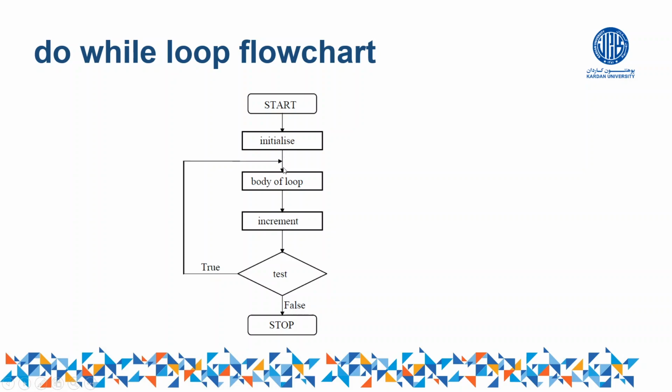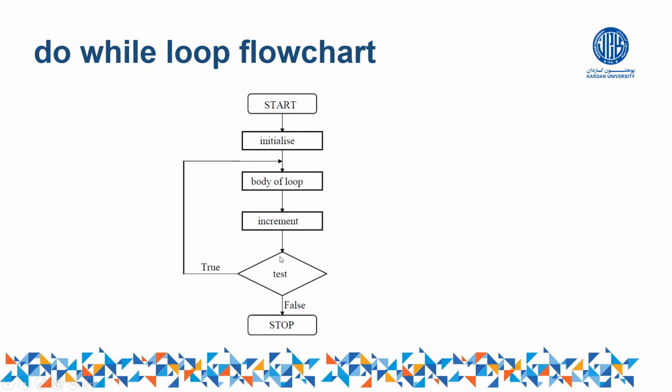But here, we have the body of the loop. So first the initialization is done. After initialization, the body of the loop is executed, and then the counter variable is incremented. Once the body of the loop and increment are done, then there is a condition.